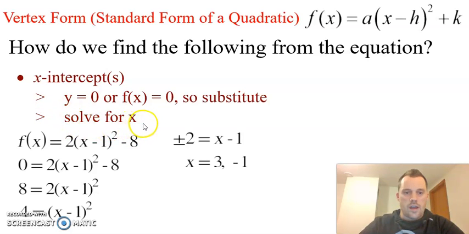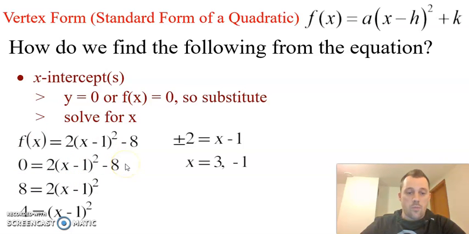So when we solve for x, we don't really know what we're going to find. So y is equal to 0, or since it's in function notation, we say f of x equals 0, so we substitute 0 in for f of x right here, and then we just solve for x.